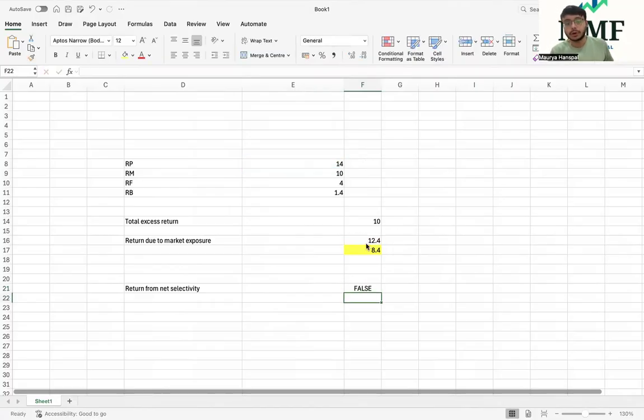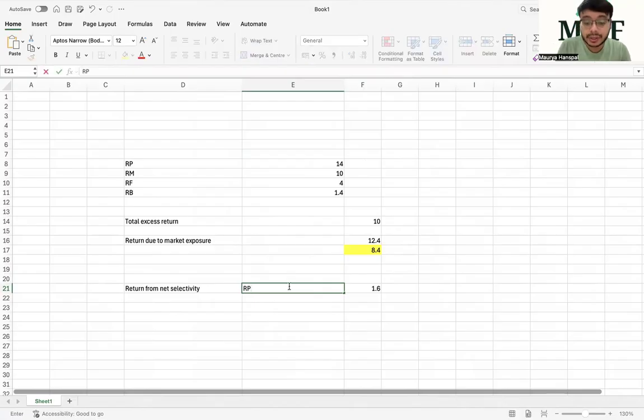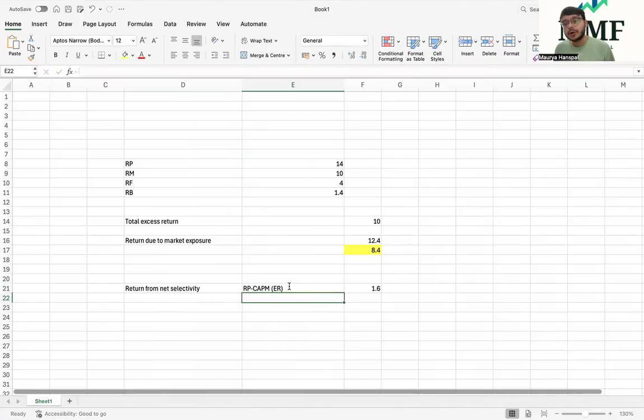The return on the portfolio, RP, minus जो आपका CAPM से एक्सपेक्टेड रिटर्न आ रहा है, the return on the portfolio minus the CAPM expected return. The return from net selectivity is 1.6. 1.6 plus 8.4 gives you 10%.